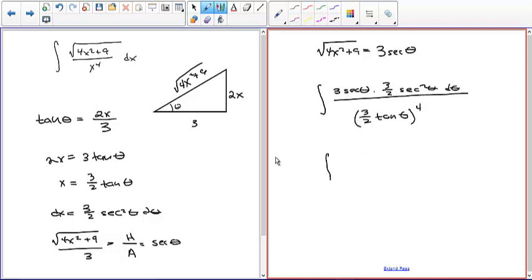Let's pull all the constants out front. So you can have 3 times 3/2 times, and I'm going to take the reciprocal of this, 2/3, raised to the 4th power. So that handles all the constants. And then we end up with secant cubed over tangent to the 4th power.